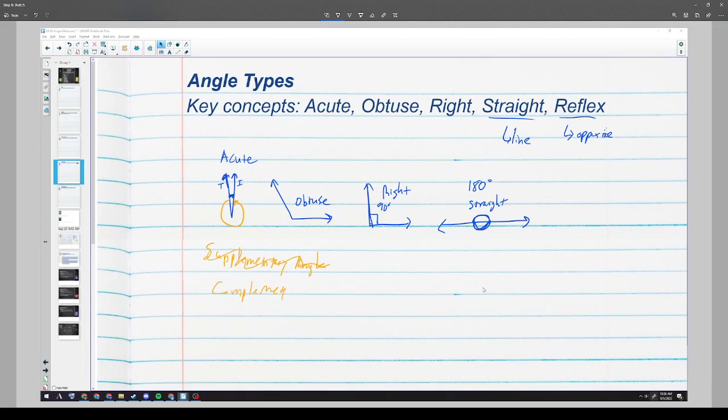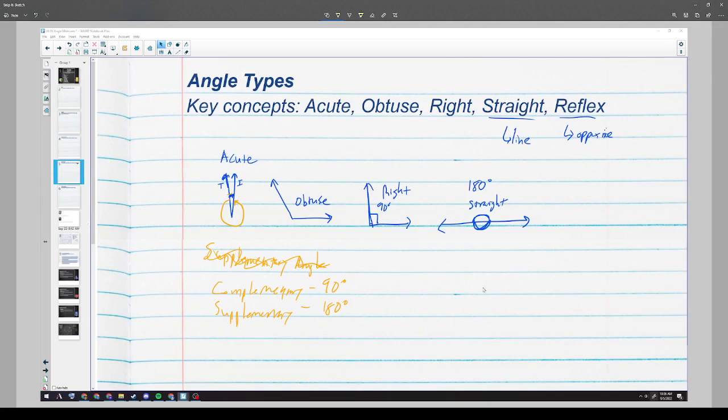Complementary means 2 angles add to 90. Supplementary meant 2 angles add to 180 degrees. And then this new idea of a reflex angle is the angle that with your angle adds up to a full 360. So it basically completes the circle.